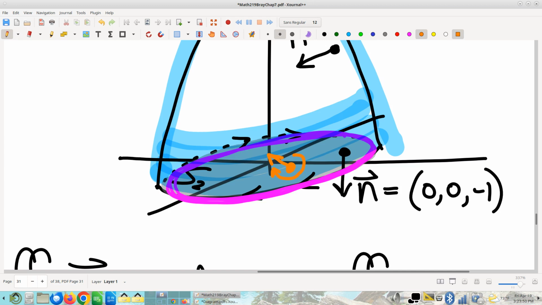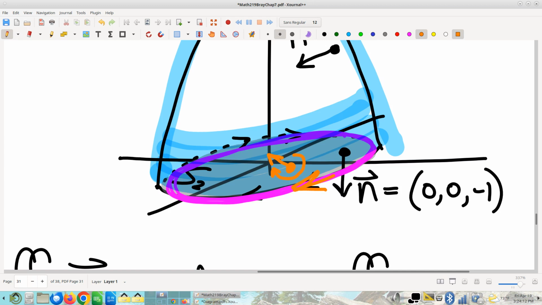So that's the direction of the swirl on that part of the surface, and that side swipes up against our boundary curve in that direction. Everybody on board? Okay, so we have now an oriented boundary, right?